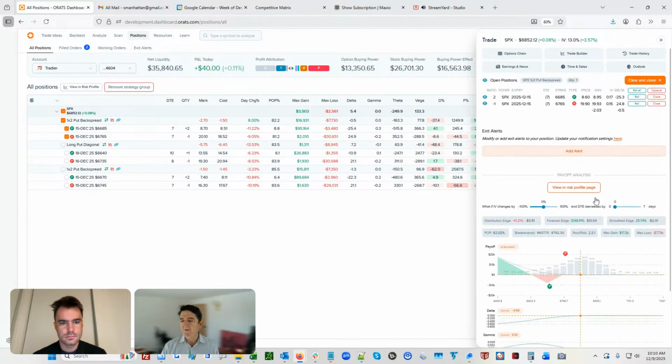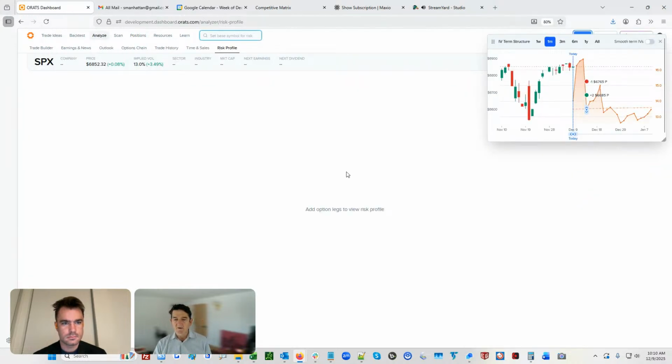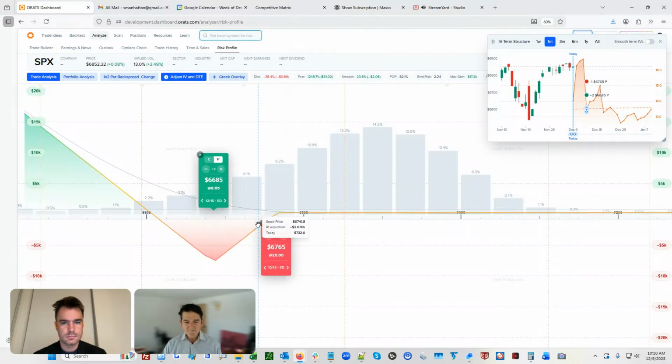So 1 by 2, you could see the little distribution here, and I guess I'll stop teasing it, Tyler. I'll show the actual, bigger one. So now we've made this into, I could say, view risk profile, and then I could see, people have been asking us for this for a while, but this is the actual trade in a larger graph, and so we have what the profit is here.